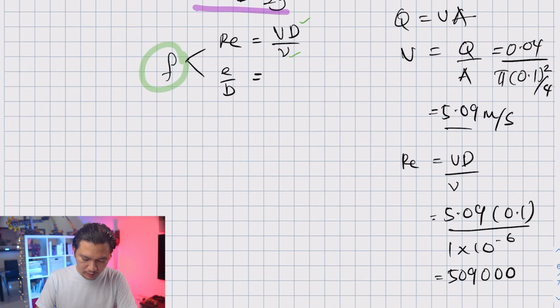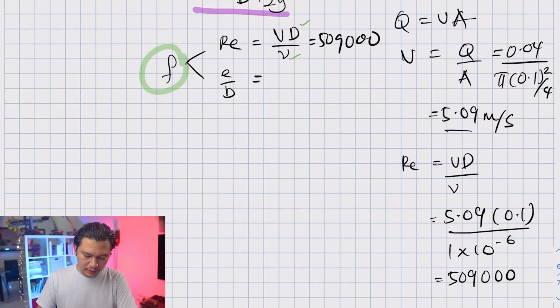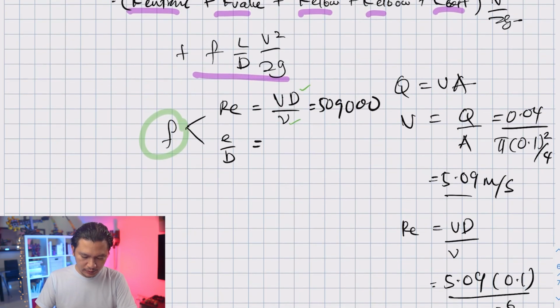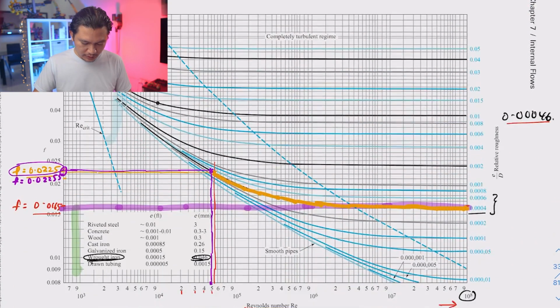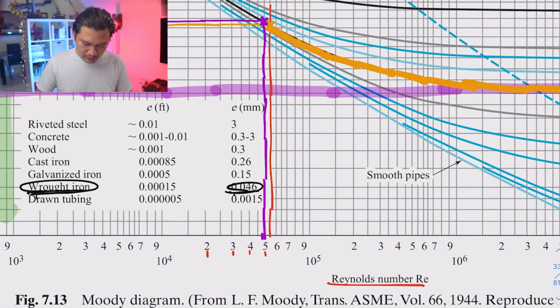Let me write this here, 509,000. And relative roughness is e over D, and e will depend on our material, isn't it? Our material is wrought iron. To find out what is the roughness for wrought iron, let's go back to our Moody diagram. In here, our wrought iron is 0.046 millimeter.